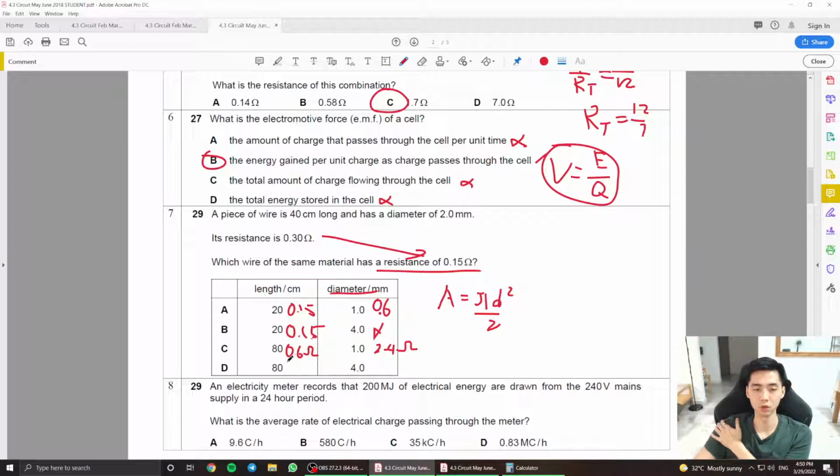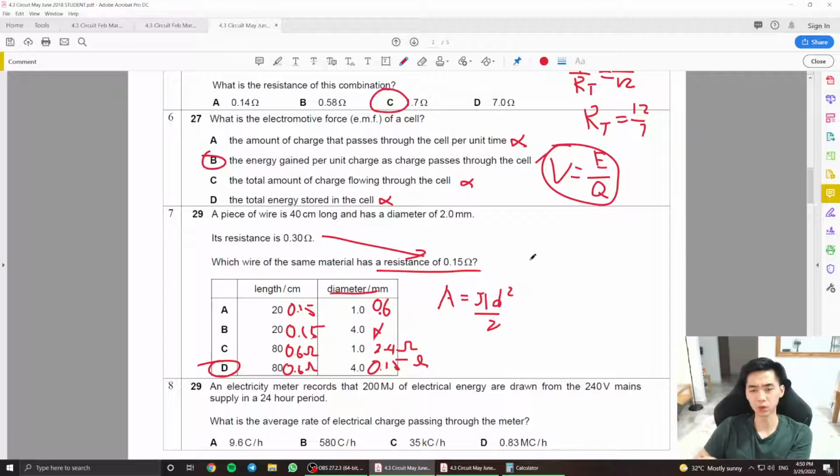So it's not logical. Here yet again is doubling up the length, so it's going to be 0.6 ohm here. And then you double up the diameter, which quadruples down the resistance here, which is going to be 0.15. So the logical answer is going to be D here.